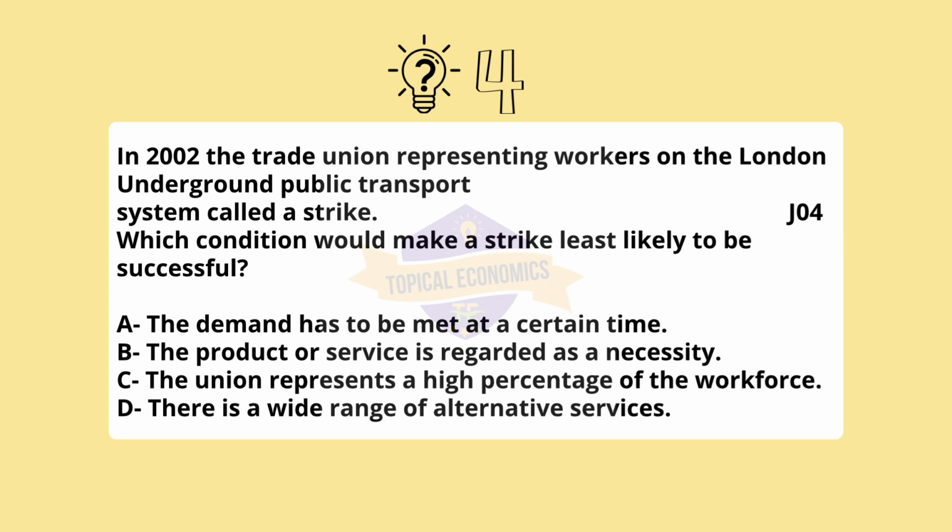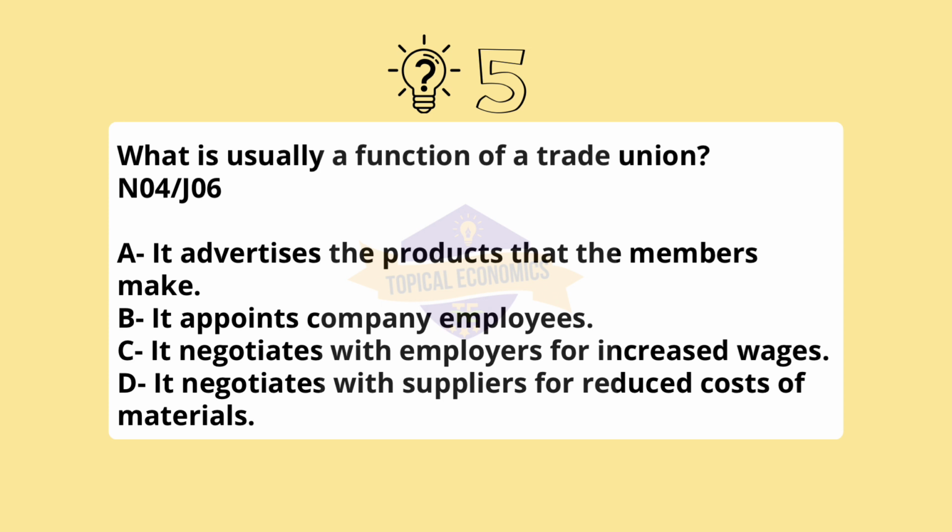So this option D is the answer that would make the strike least likely to be successful. Because if there are many alternatives, then there's not going to be any use of the strike. The strike is going to have no consequences. Hence option D.